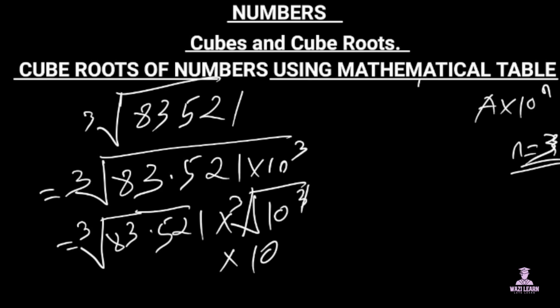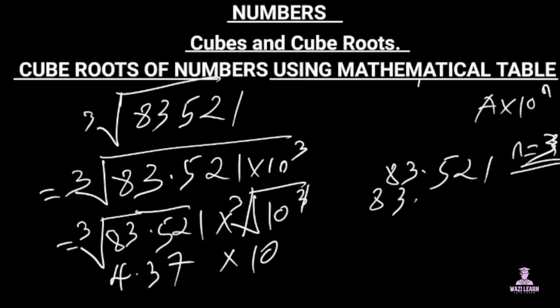So you look at a number that is either 83.521 or a number that is close but not greater. It will be at 4.37. At 4.37 we have 83.45, so we subtract what is at 4.37 from your answer.